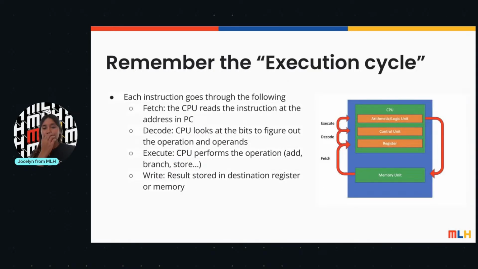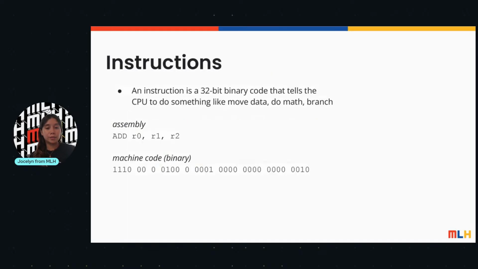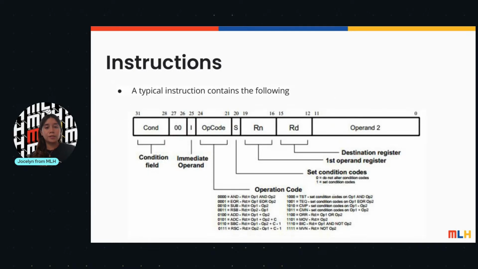If you were here yesterday, you remember something I mentioned about the execution cycle, but I didn't go in depth because I wanted to explain more things first. The execution cycle is just how your computer translates assembly into binary, and it's a whole set of steps.